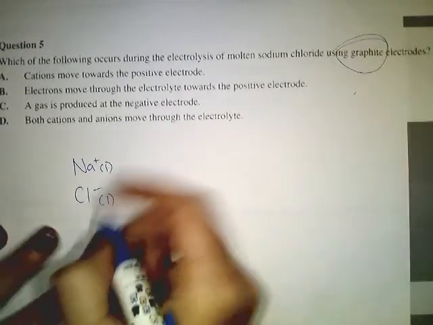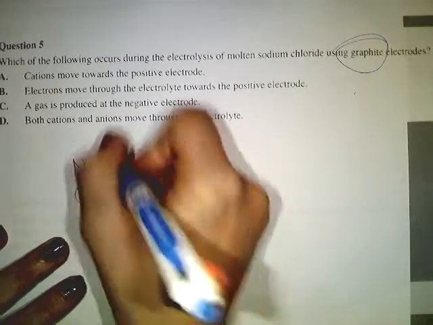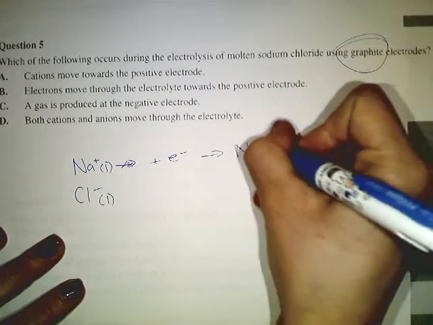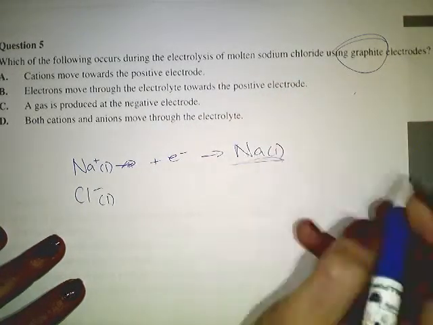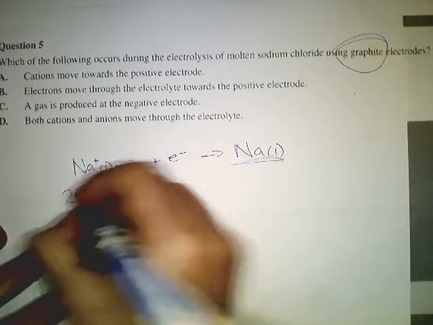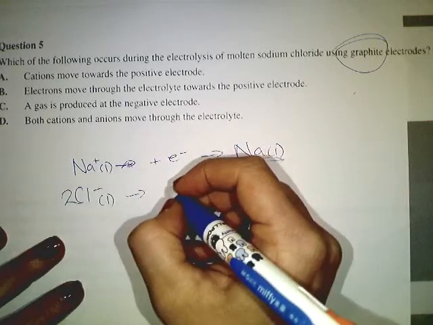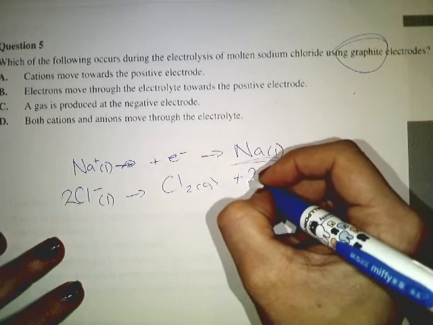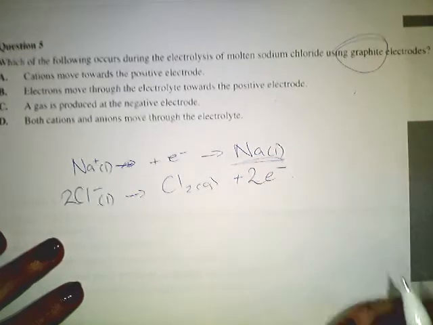Graphite electrodes are inert, there's only one of each. So the two reactions will be the reduction of sodium, molten, and the oxidation of chloride to produce chlorine gas. This is one that we actually went through in class.